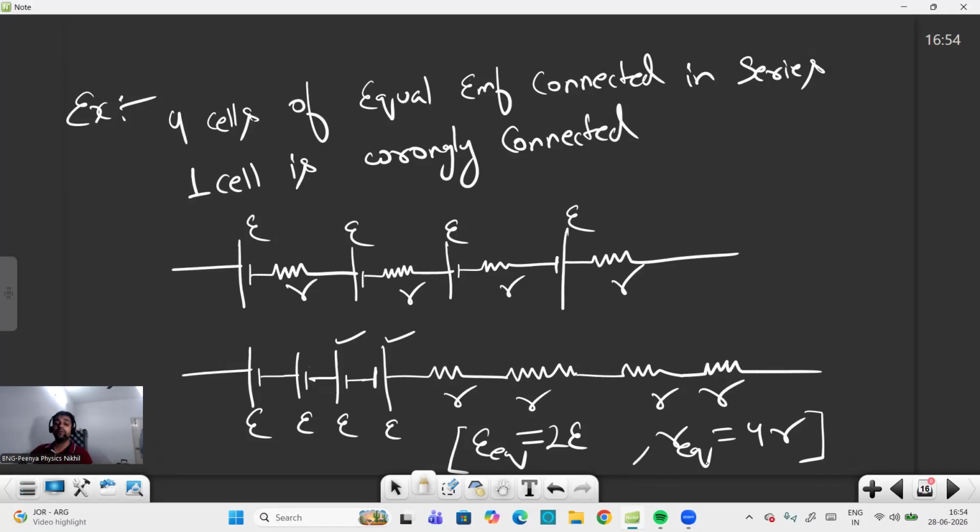So in this way we will understand wrongly connected cells: how to find the EMF when some wrongly connected cells are there in a series connection of cells. So we can formulate this.